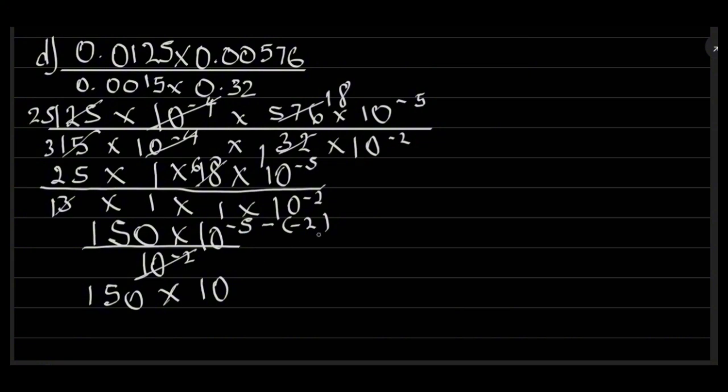Since it is negative 5 plus 2, we are going to have negative 3. We also have to write this in decimal point, so in standard form, that will give us 1.50 times 10. We are introducing 2 more decimal places, so this will have to reduce by 2, so it will be times 10 raised to the power negative 1, and that is how it goes.